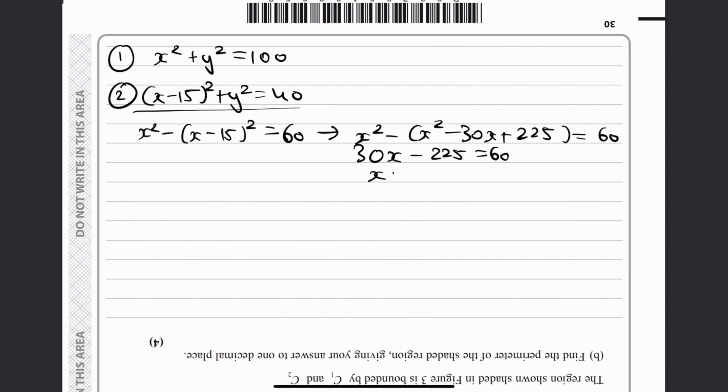So x is just going to be 1/30 of 60 plus 225, which is, typing this into a calculator, 19/2.